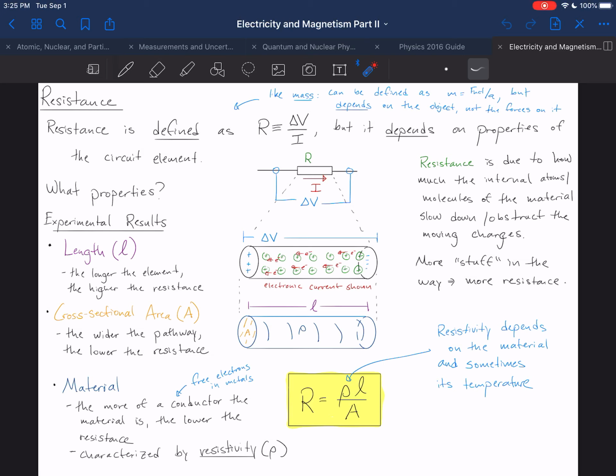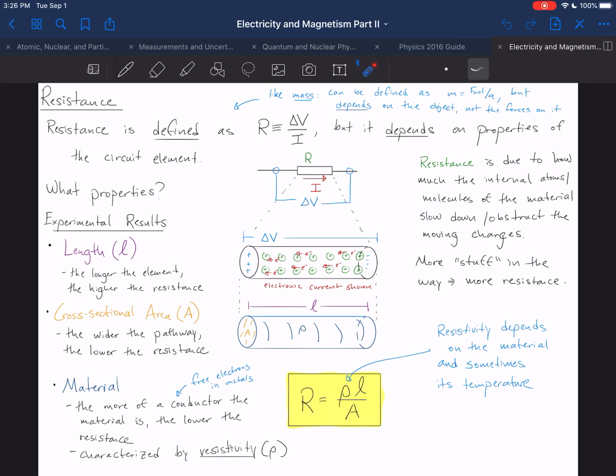We briefly mentioned this, but there's an essential underlying idea here, which is that although resistance is defined this way, it depends on the physical microscopic properties of the circuit element itself. This is exactly like mass.